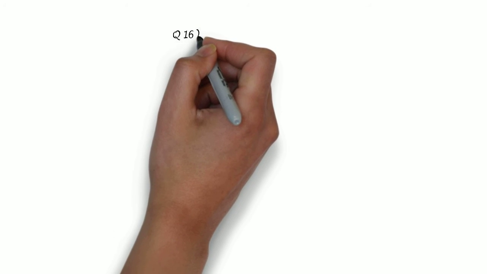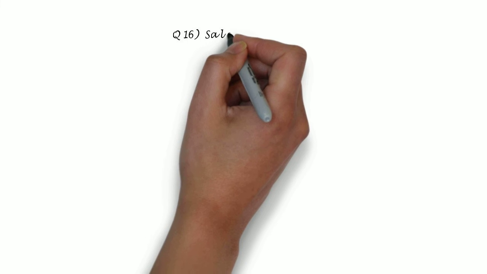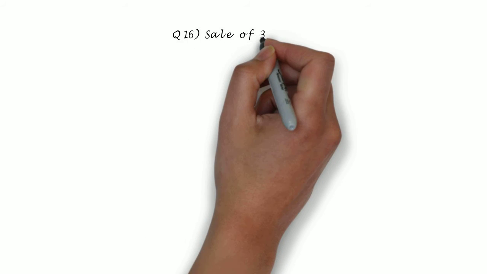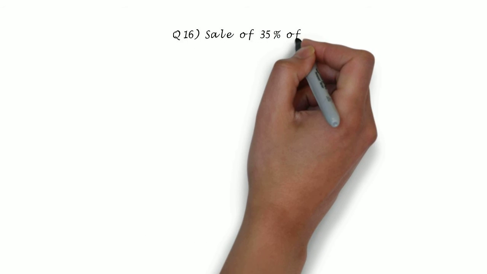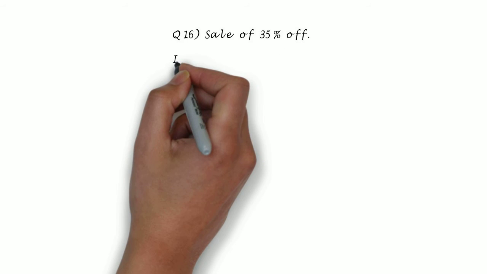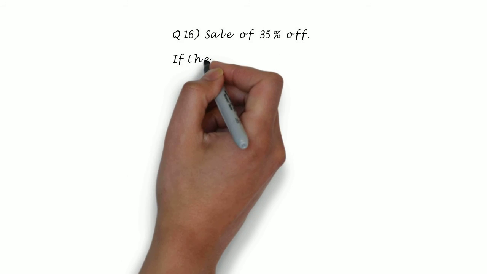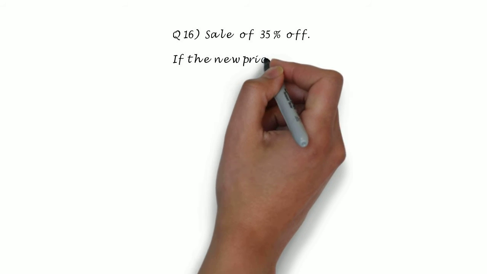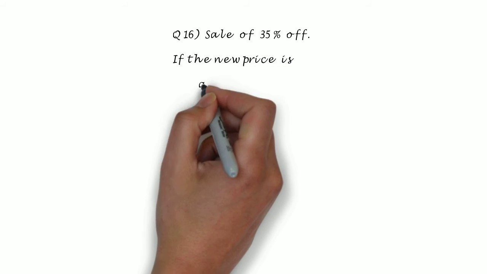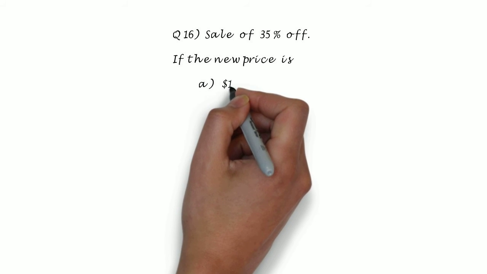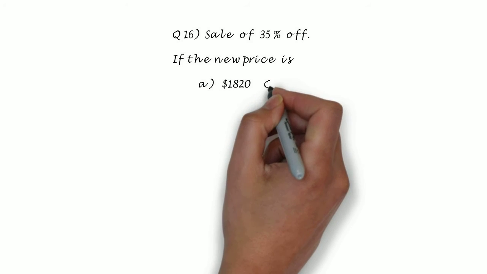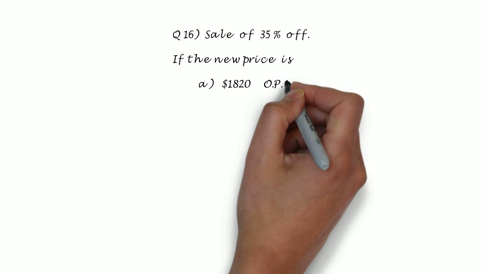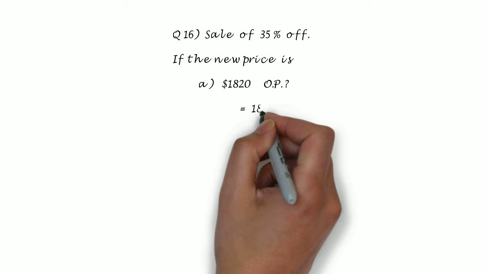Let's have a look at question 16 now. Question 16 states there's a sale of 35% off. If the new price is, part A, $1,820, what was the original price?